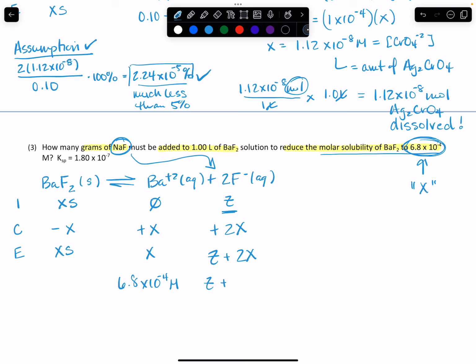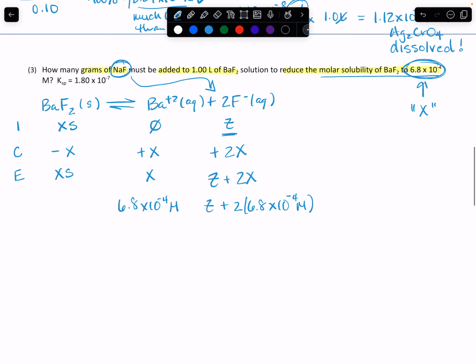And then here it's going to be Z plus 2 times 6.8 times 10 to the negative fourth molar. That is the molar solubility. That's the amount that can dissolve. So we end up at equilibrium with 6.8 times 10 to the negative fourth molar, and Z plus 2 times 6.8 times 10 to the negative fourth.